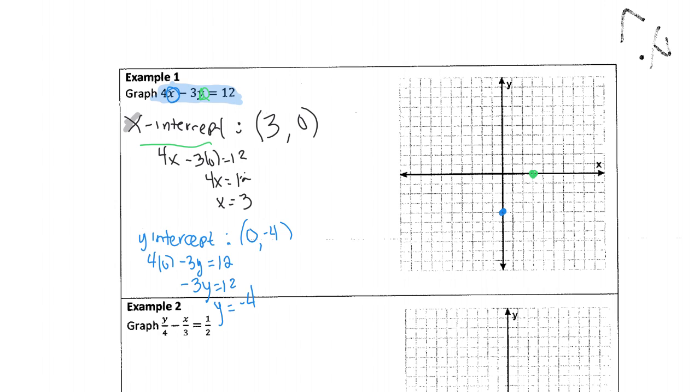And again, I normally find my slope, which is up 4 over 3. So I go up 4 over 3 just to add some more points onto the line, because otherwise, I'm not quite exactly sure where the graph goes. So this gives me a clear distinction of which way the graph goes. Okay.